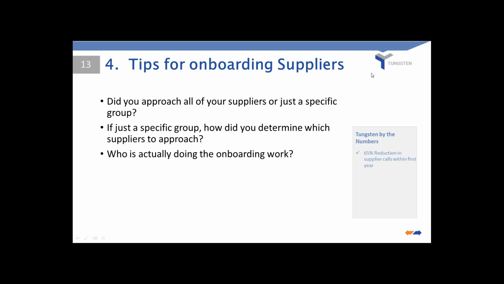And if it was a group, how did you determine that? I hear that all the time in our interactions with prospective clients, as they want to understand how do we approach the suppliers, what's the best practice, how do we handle this, and who does the onboarding? So can you talk a little bit about the approach that you took and how you define things?